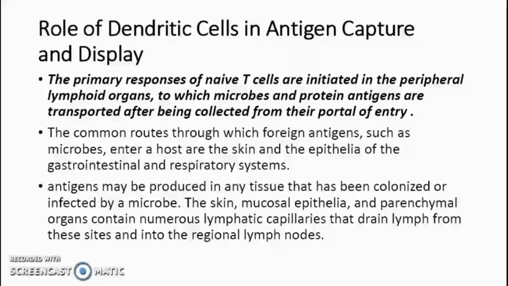Antigens may be produced in any tissue that has been colonized or infected by a microbe. The skin, mucosal epithelia, and parenchymal organs contain numerous lymphatic capillaries that drain lymph from these sites and into the regional lymph node.